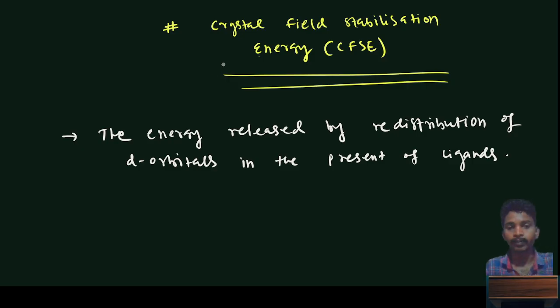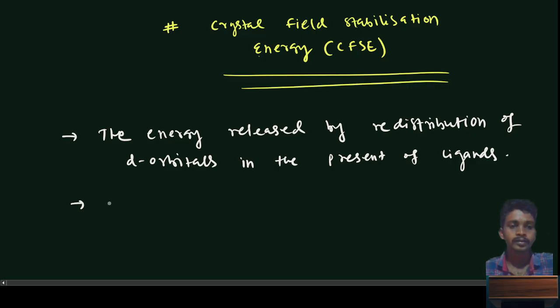Crystal field stabilization energy is that type of energy which is released while we are doing redistribution of d orbitals in the presence of ligands. So that energy is called CFSE, or crystal field stabilization energy.